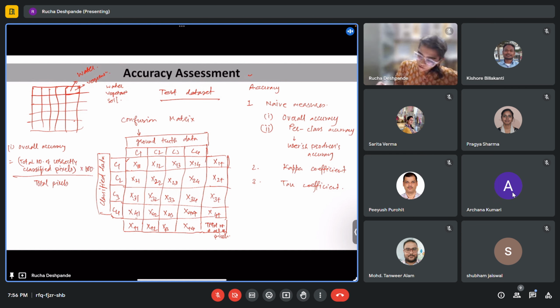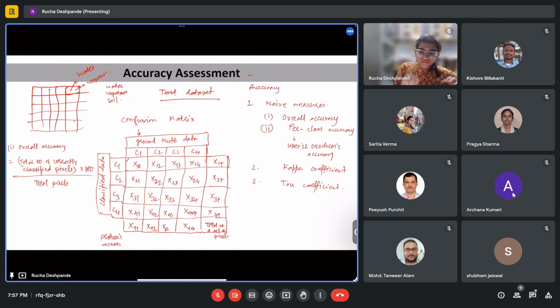Then we have per class accuracy: producer's accuracy and user's accuracy. It will be given for every class.